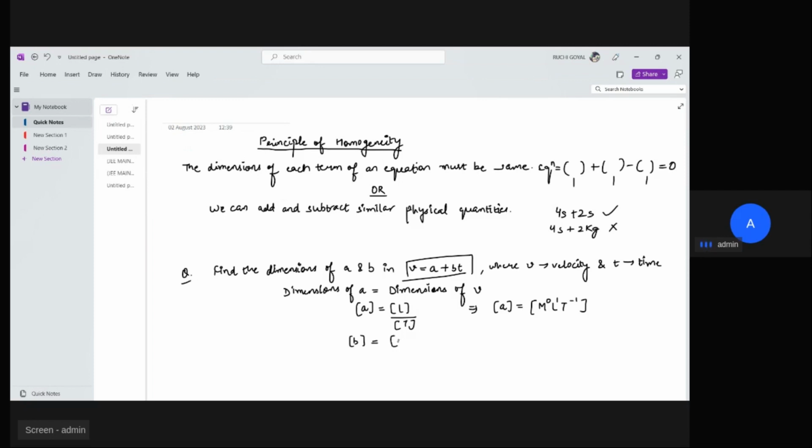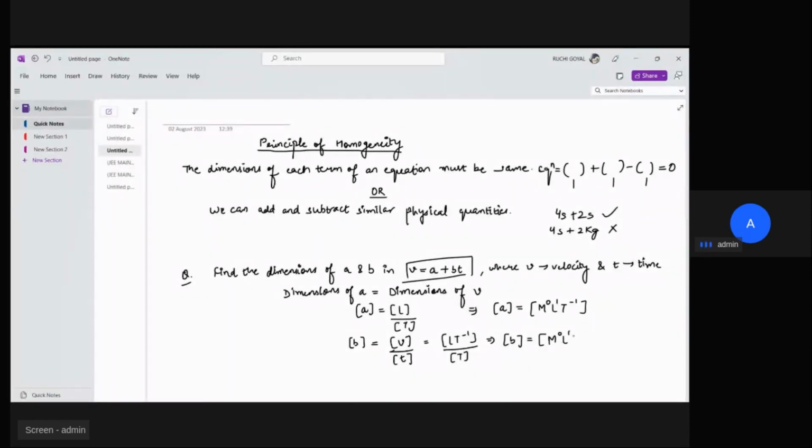It will be dimension of V divided by dimension of T. V will be again L T minus 1, divided by T. So the dimensions of B will be M0 L1, and T will be minus 1 and minus 1, so T to the minus 2.